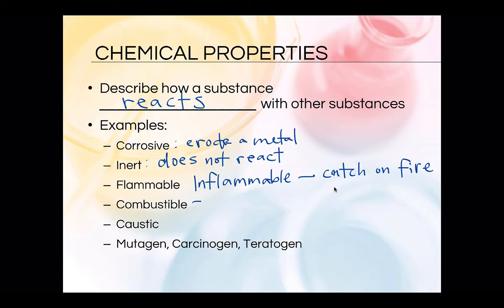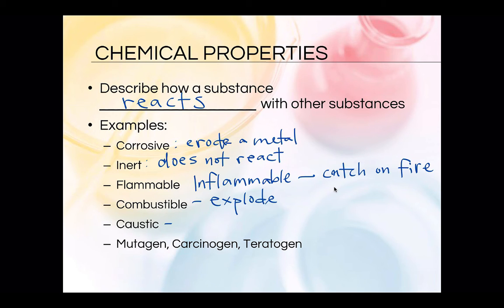Combustible means that it could explode. Combustible isn't quite the same as flammable, but of course we think of them as almost the same. Really, they're not. Combustible means it could explode.